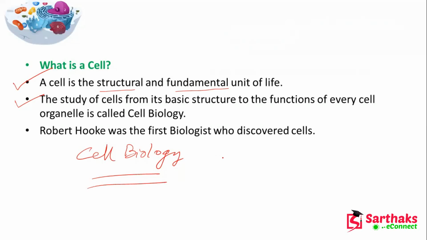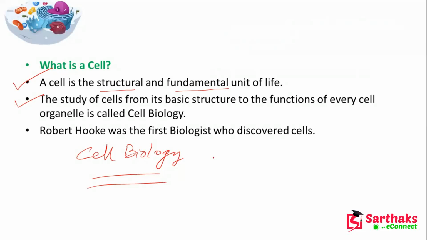Robert Hooke was the first biologist who discovered the cell. Already I have told you the main thing: first he took one cork and placed it under a microscope, and at that time he saw one empty area.